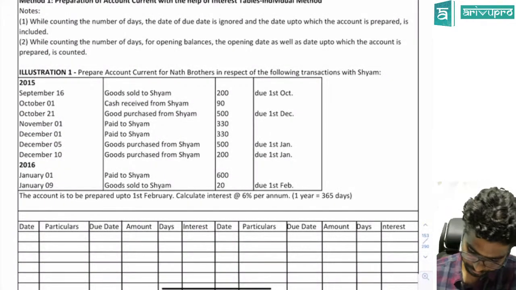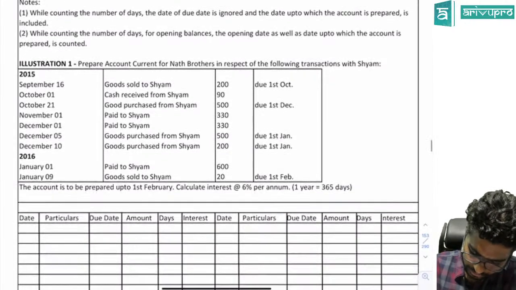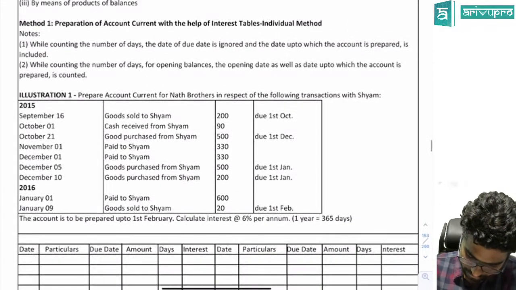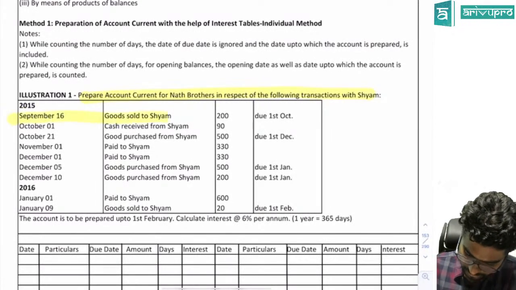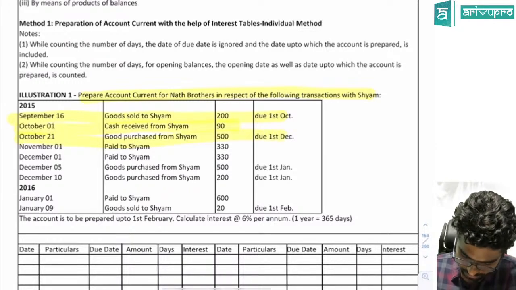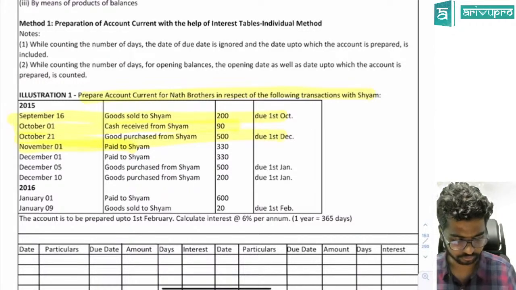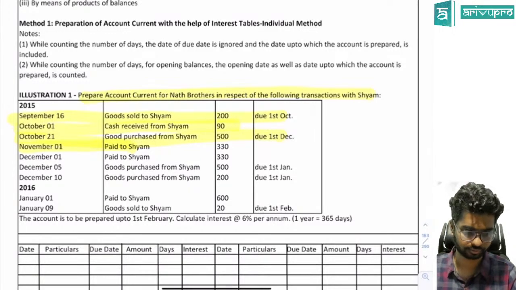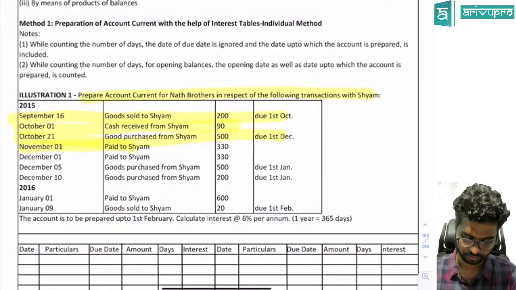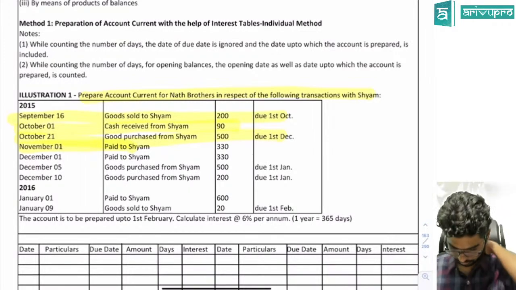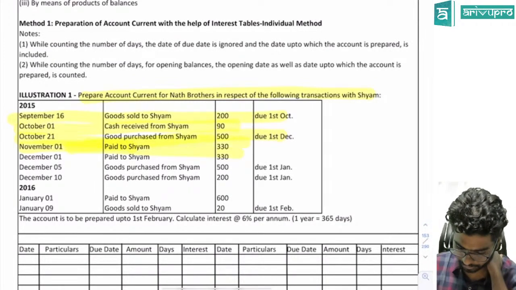Now see here, prepare account current for Nath Brothers in respect of the following transactions. September 16th, goods sold 200, cash received, goods purchased, then you have paid to Sham.